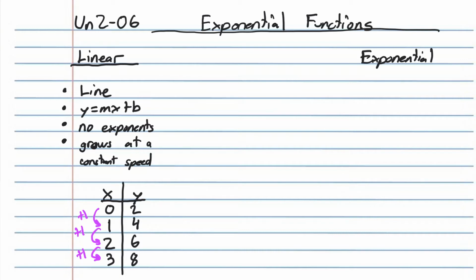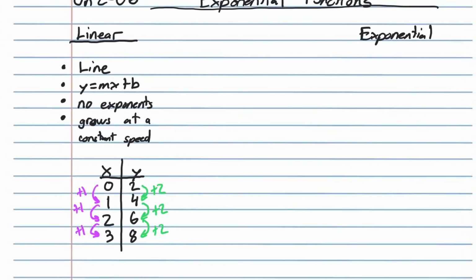So going from 2 to 4, you're adding 2. Going 4 to 6, you're adding 2. 6 to 8, adding 2. That's a key characteristic of what it means to be linear. Linear means it's a constant growth. Let's go and write that down below. Constant growth.